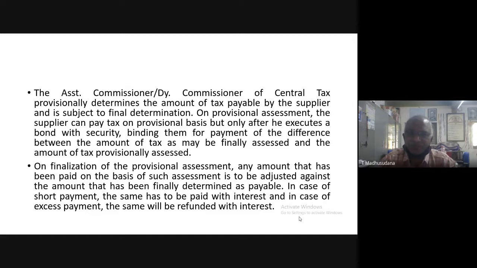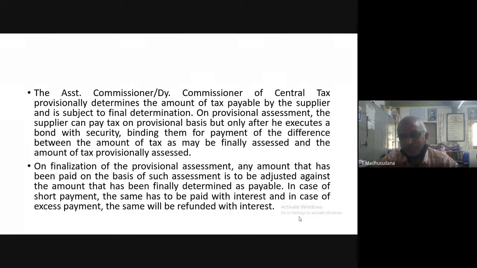He has to execute a bond as a security. In that bond, he will declare or promise to pay the amount due to the government for the difference between the provisional tax liability and the actual or final tax liability.